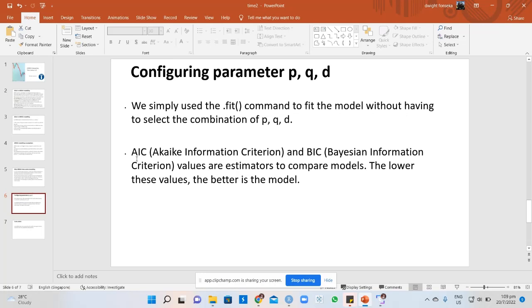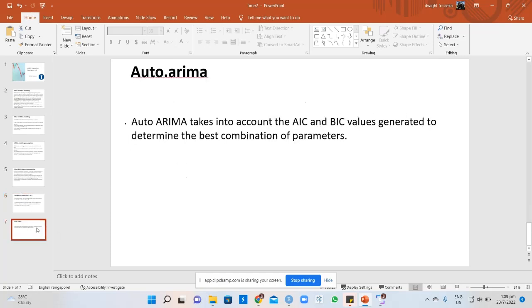As with machine learning metrics, the lower these values are, the better. Fortunately, we have a function called auto.arima, which generates several models and chooses the best combination of P, D, and Q to give the lowest AIC and BIC. Now let's jump over to RStudio.